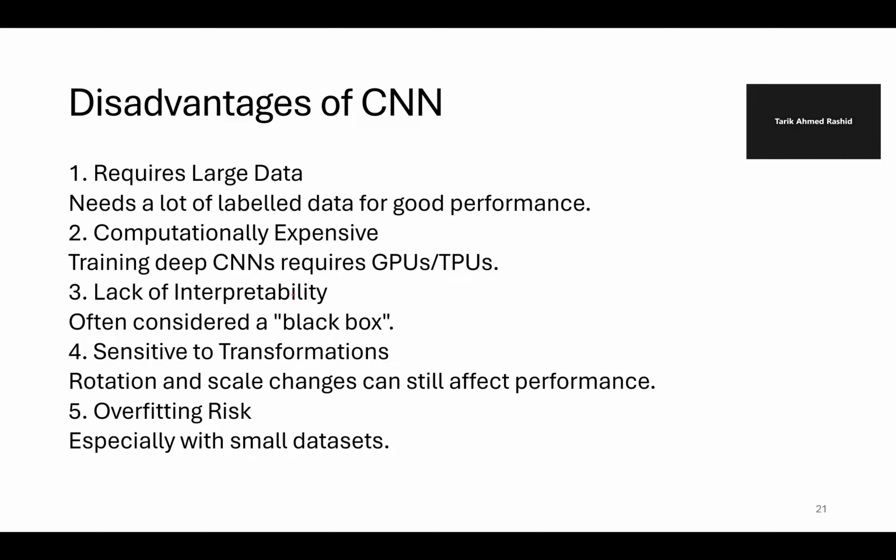TPUs, Tensor Processing Units, GPUs, Graphics Processing Units. It's very difficult to explain, it's a black box, and it is sensitive to transformations. Okay. And it has a risk of getting overfitting problem, because usually when you have small data, you will have overfitting problem.